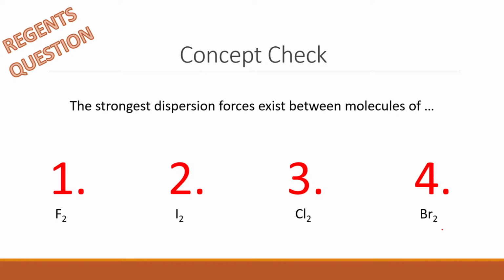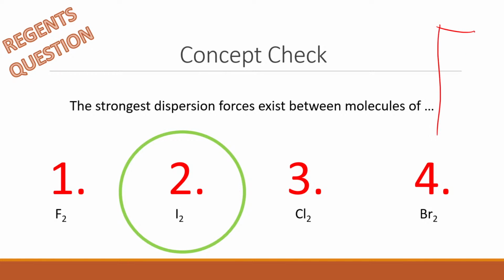But mass will play a factor, right? And the heaviest of the bunch here is iodine. And we can tell that by looking at the periodic table. If we pull up the periodic table, we would see that F, Cl, Br, I go down the table in this order, with masses increasing as you go.